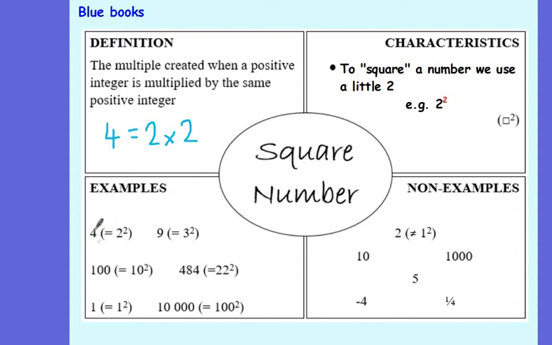Examples of square numbers would be 4, 9, 100, 484, got very creative, 1 and 10,000, and some non-examples would be 1,000, 5, a quarter, -4, 10 and 2. 2 is not 1 squared because 1 times 1 would give me what, Rowan? 1, exactly. Make sure you've got this noted in your dark blue books, please, Year 9.